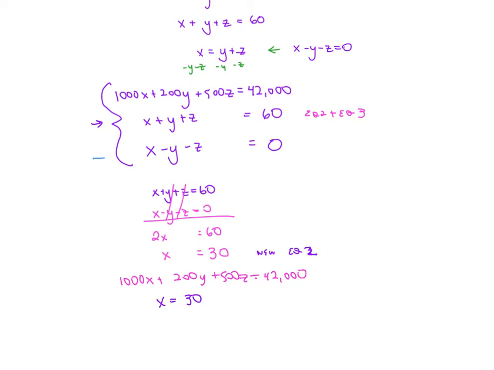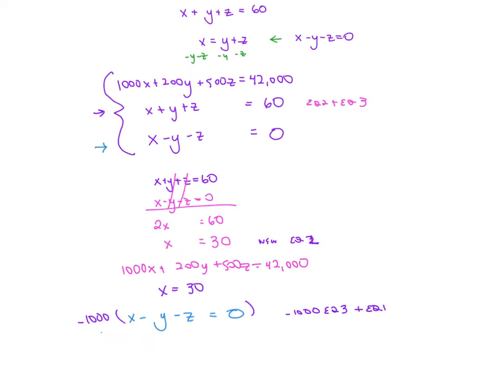Then we have that third equation, x minus y minus z equals 0. So since we found x equals 30, let's go ahead and cancel out the x's in our other two equations. So if I multiply this bottom equation by negative 1,000 and then add it to equation 1. So negative 1,000 times equation 3 plus equation 1. So let's multiply by negative 1,000.